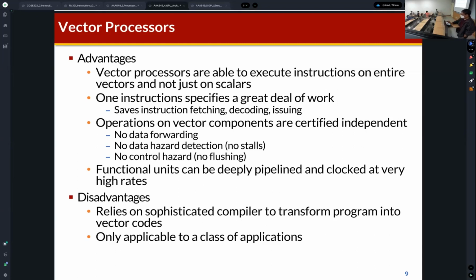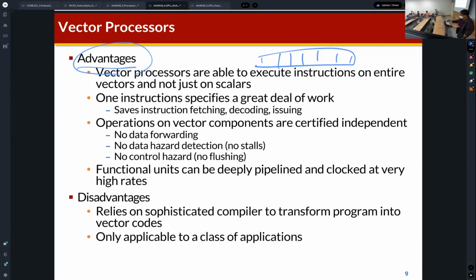The advantage is that with a single instruction, we execute multiple data. With this architecture, we can increase the amount of data processed by a processor, which means we can increase the throughput.